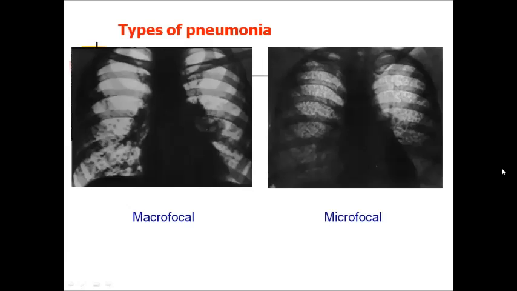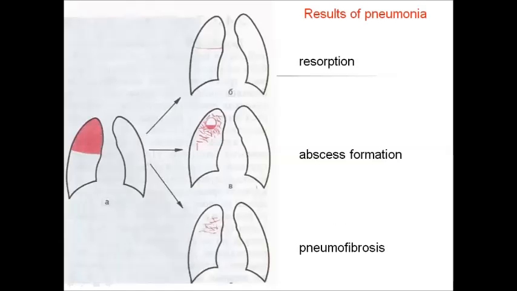Types of pneumonia, macrofocal or microfocal, depend only on the size of the focus: macrofocal usually more than 1 centimeter, and microfocal several millimeters, not more than 1 centimeter.